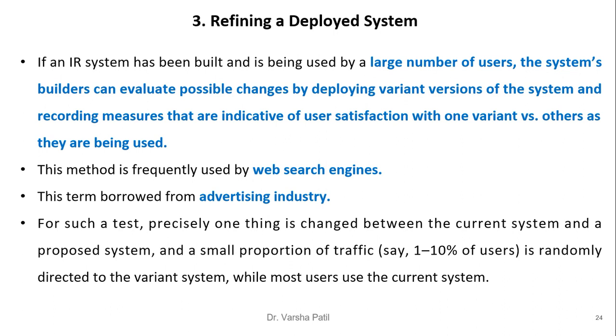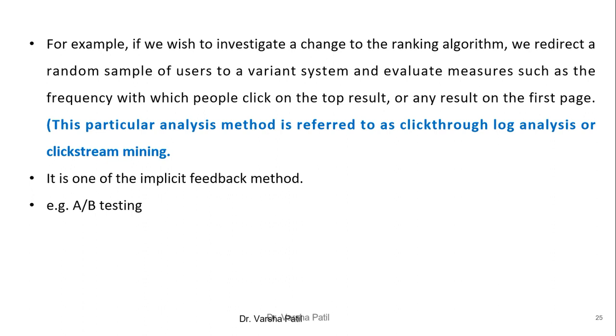For such a test, precisely one thing is changed between the current system and the proposed system, and a small proportion of traffic is randomly directed to the variant system, while most users use the current system. So two versions of the system are in the picture. The new version is for the limited users and the old version is for the remaining users.